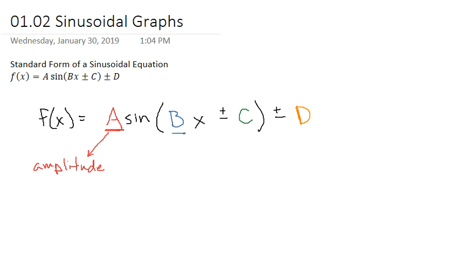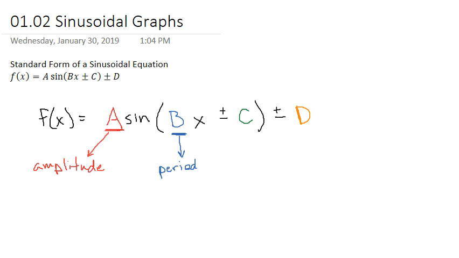All right, B. B is the thing on a graph that affects something called the period. Okay? Now, the period is the time, or more specifically in terms of a graph, the distance that it takes the function to return back to its starting position.